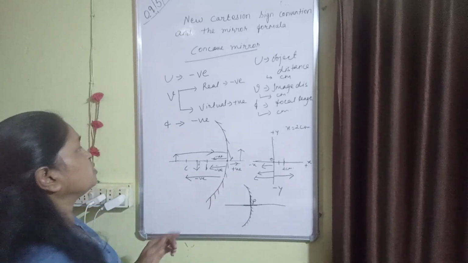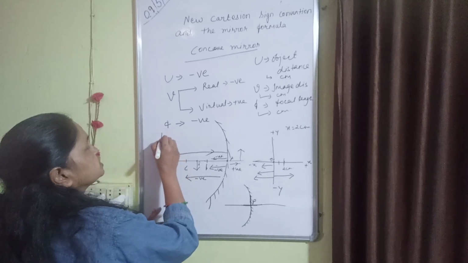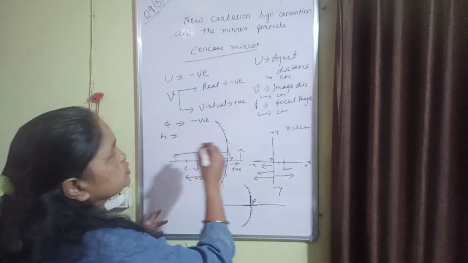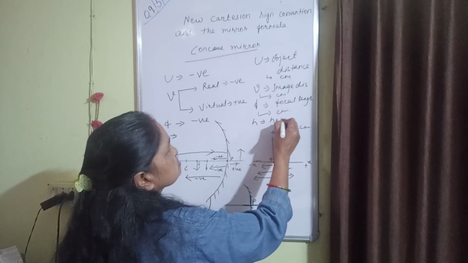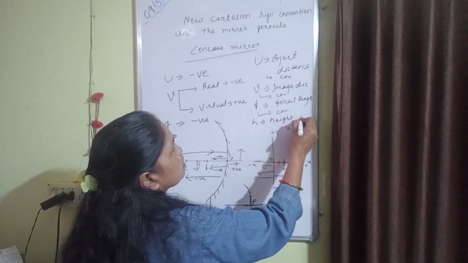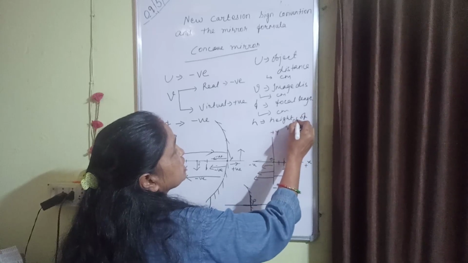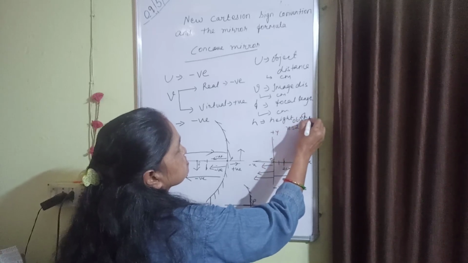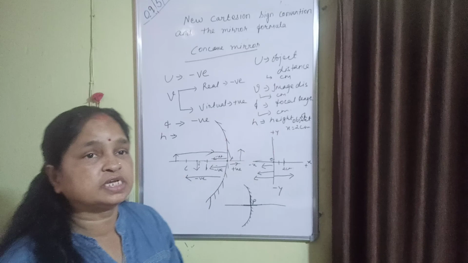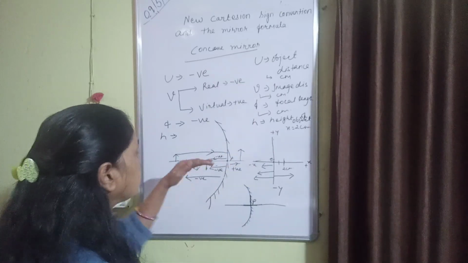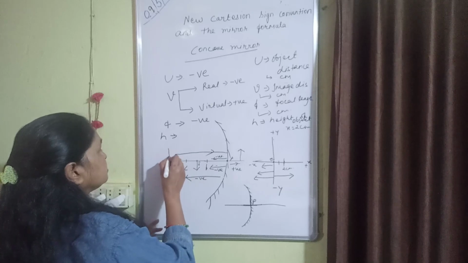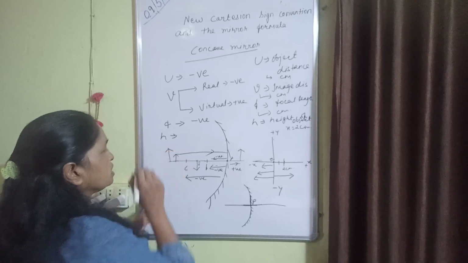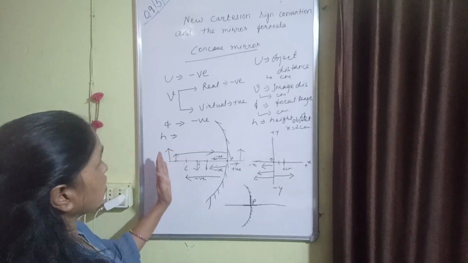Again students, one more thing. Height h, the height of the object. H represents the height or size of the object. The height of the object we always keep on the principal axis, somewhere like this, so it is going upwards.